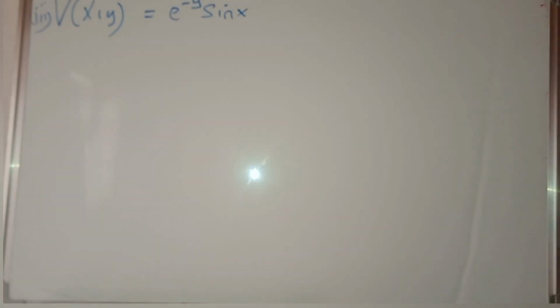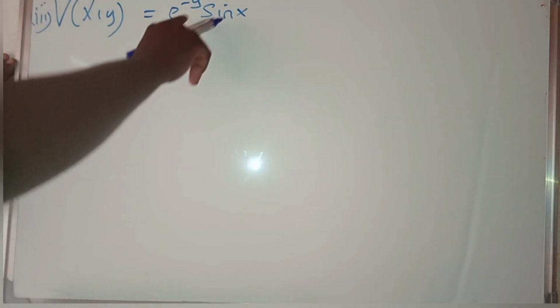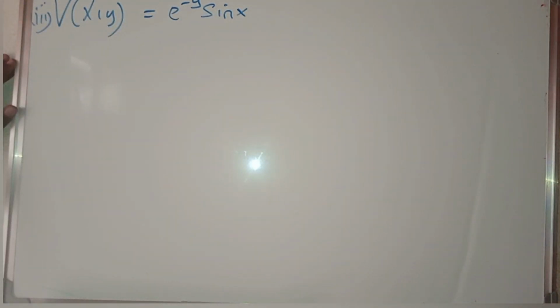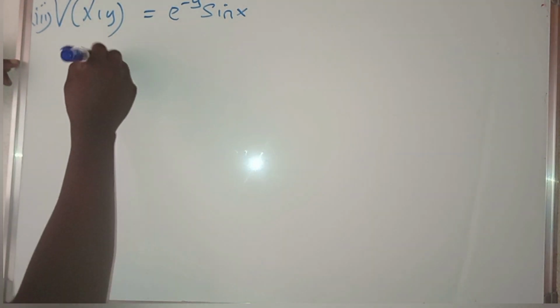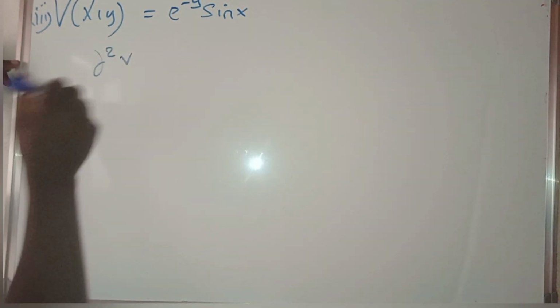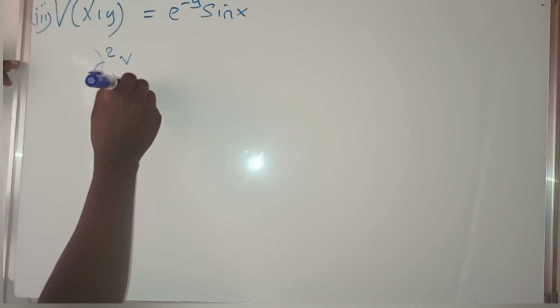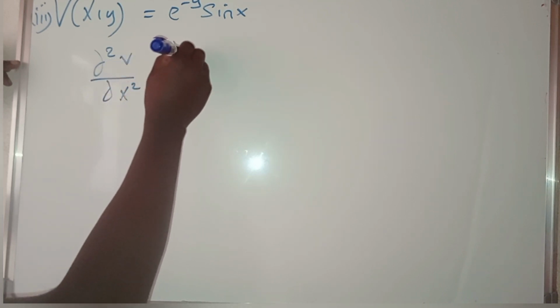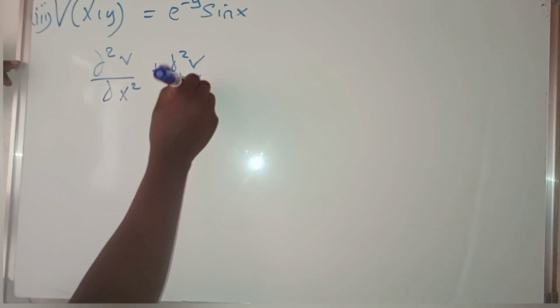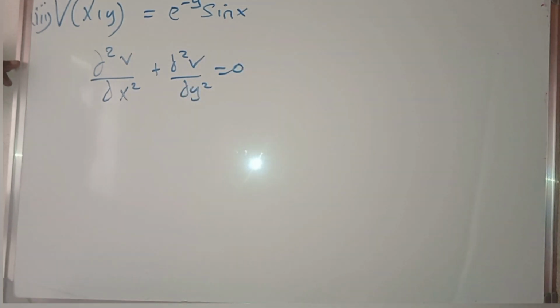Example 3. Determine whether or not the function v equals e raised to the power negative y sin x is harmonic. A function is harmonic if it satisfies this equation: the second partial derivative of v with respect to x plus the second partial derivative of v with respect to y is equal to 0.